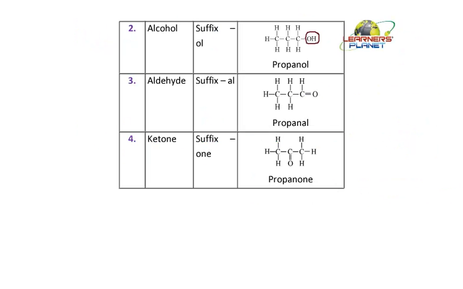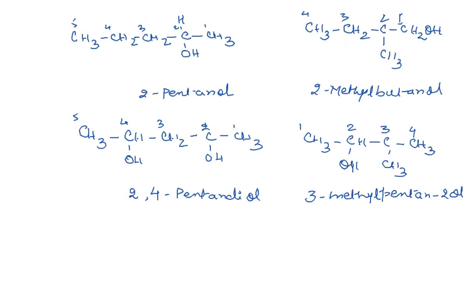Aldehyde. Now in this case, what is the suffix? For alcohol it is -ol, and in aldehyde the suffix is -al. And here, students, what is the functional group? The functional group here is CHO. This CHO group is responsible for the properties of aldehydes.